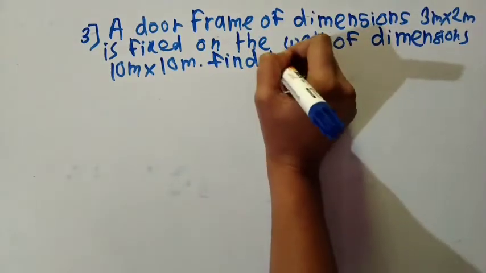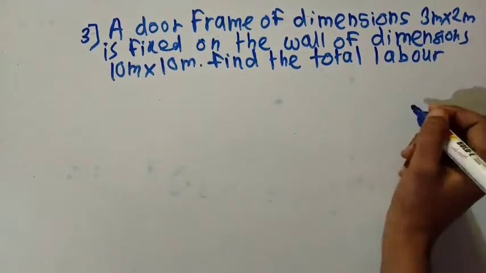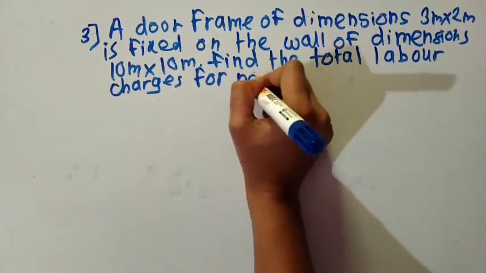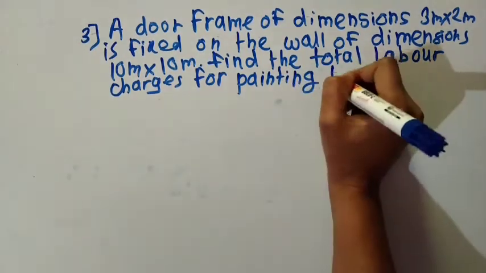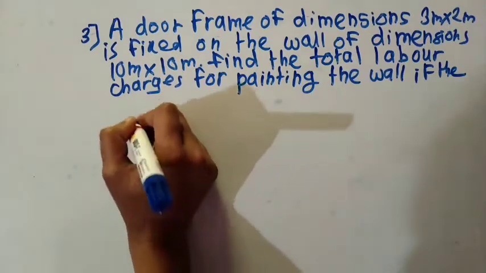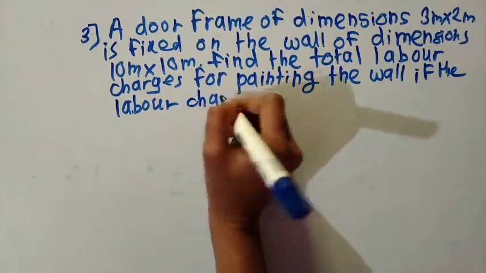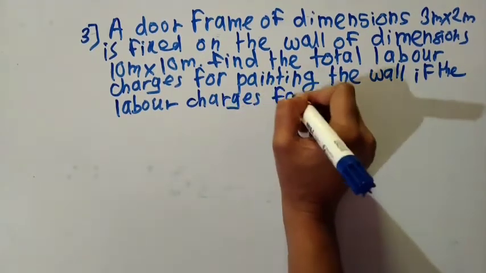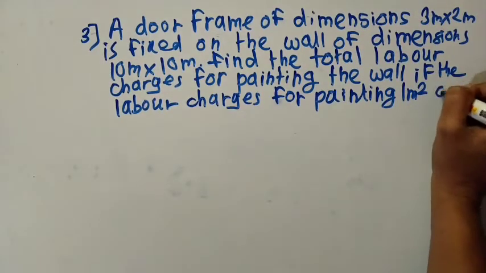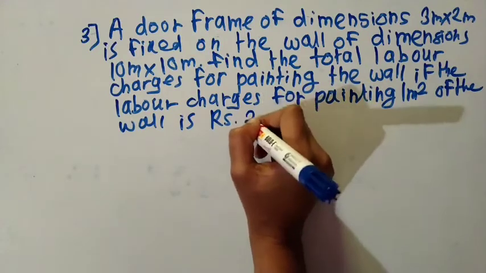Find the total labor charges for painting the wall if the labor charges for painting 1 meter square of the wall is Rs 2.50.